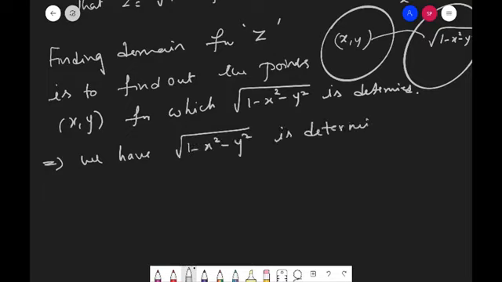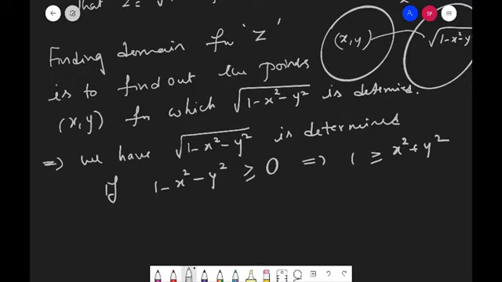When can you have this value? If 1 minus x square minus y square is greater than or equal to 0. That implies 1 is greater than or equal to x square plus y square, which implies x square plus y square is less than or equal to 1.